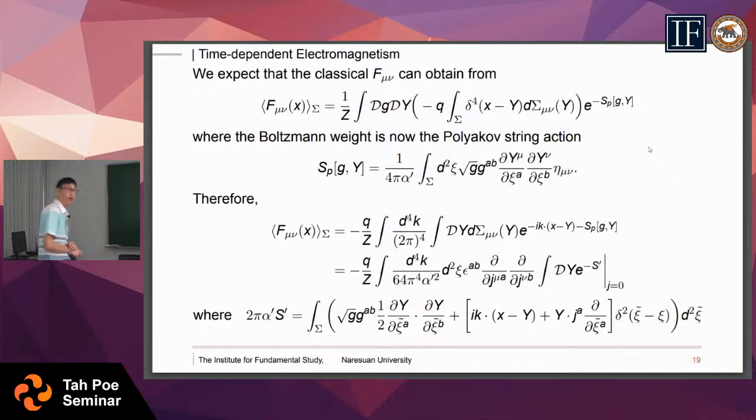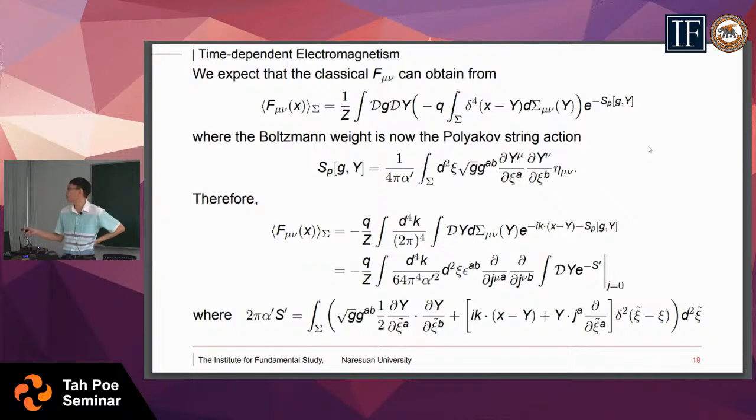And the way to do it, again, I'm going to find the classical field strength tensor by functional average of the solution. This is the worldsheet solution, supported on the worldsheet sigma. And we are going to average with the string action.